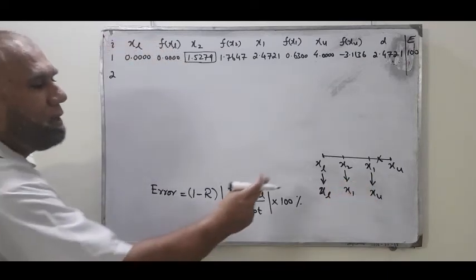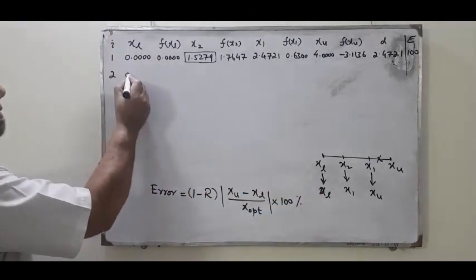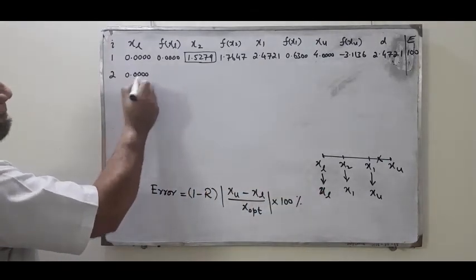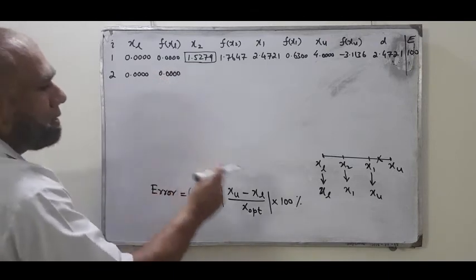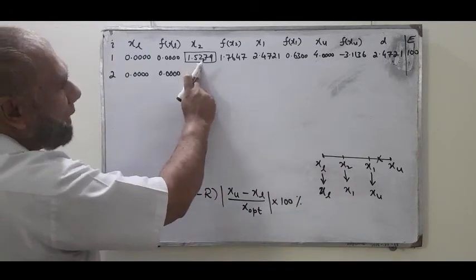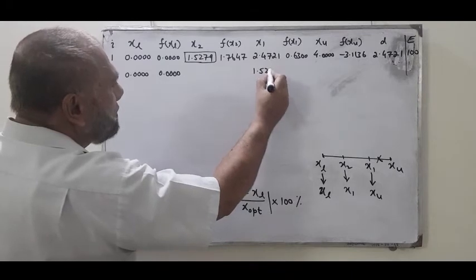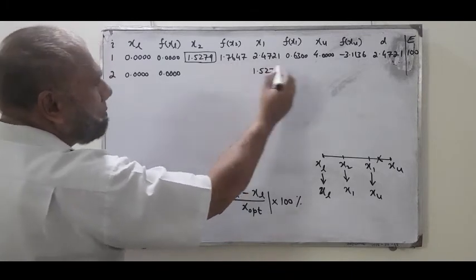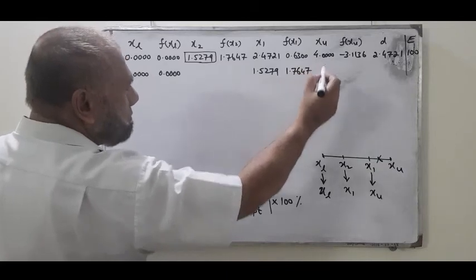So now we put the values. xl remains unchanged, so it remains as it is. The value of the function will also be the same. x2 goes under x1, so x2's value will be, now I'm writing here, 1.5279, and the corresponding value is 1.7647.